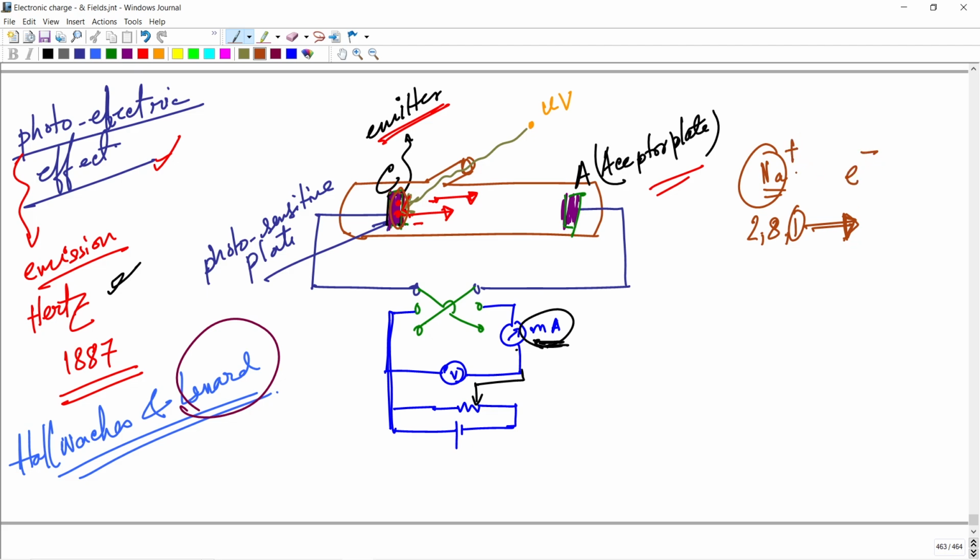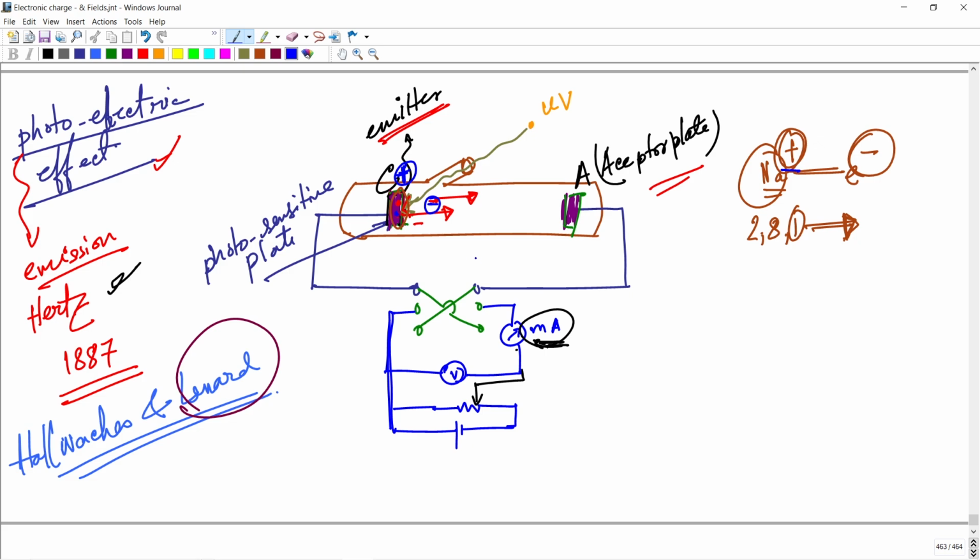So these two have opposite polarity: the emitter metal plate is now positive and these electrons are negative. There is some attractive pull here because they are unlike charges. So we need enough energy for the electron to overcome that attractive pull. Clear?